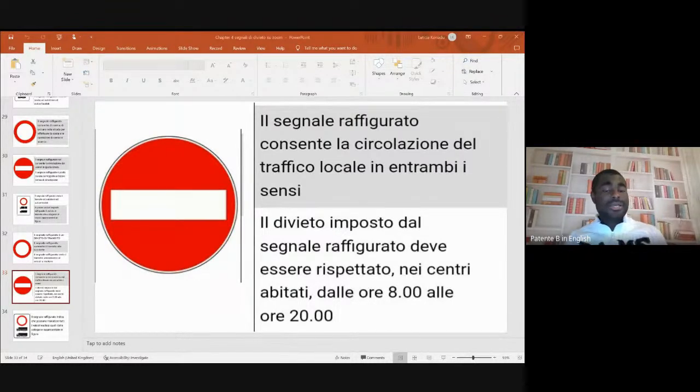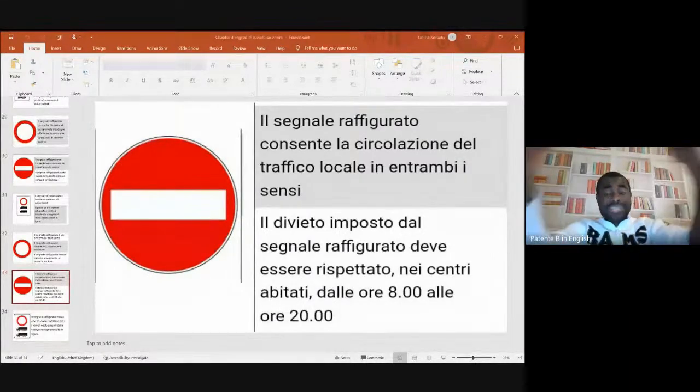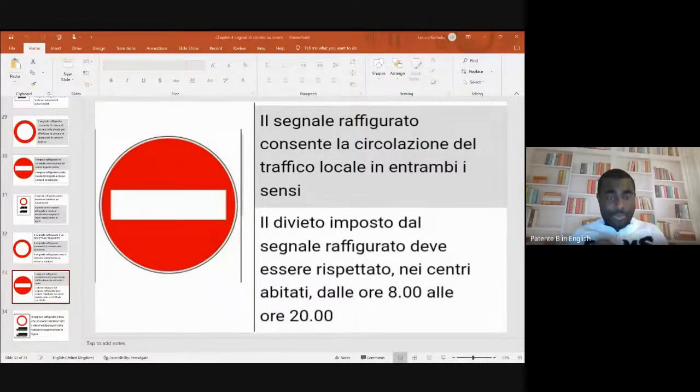Now, senso vietato. So one sense is being blocked, or you can't use one sense. You have to use only the other sense to enter and exit from this one. The question says that il segnale raffigurato consente la circolazione del traffico locale in entrambi i sensi, and the answer is false.